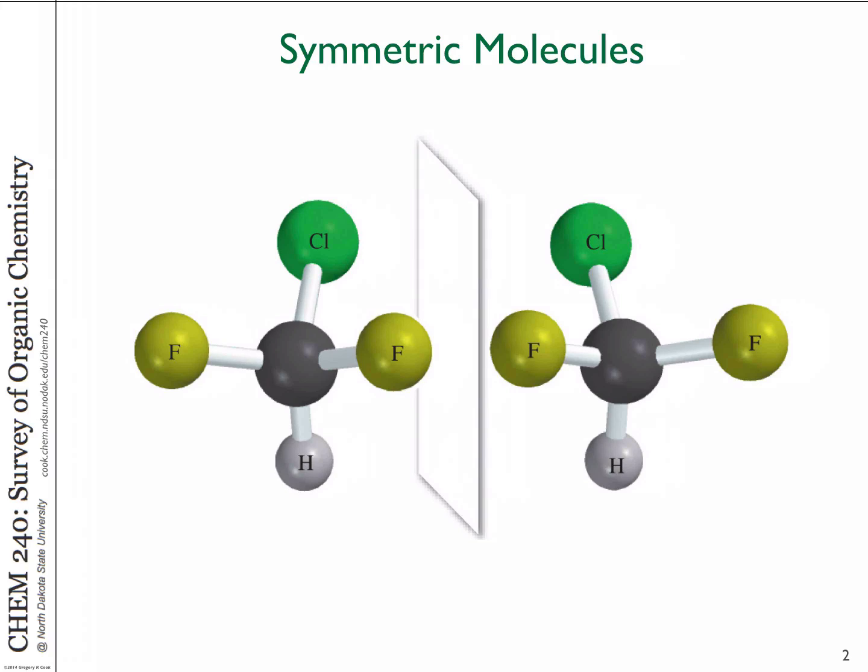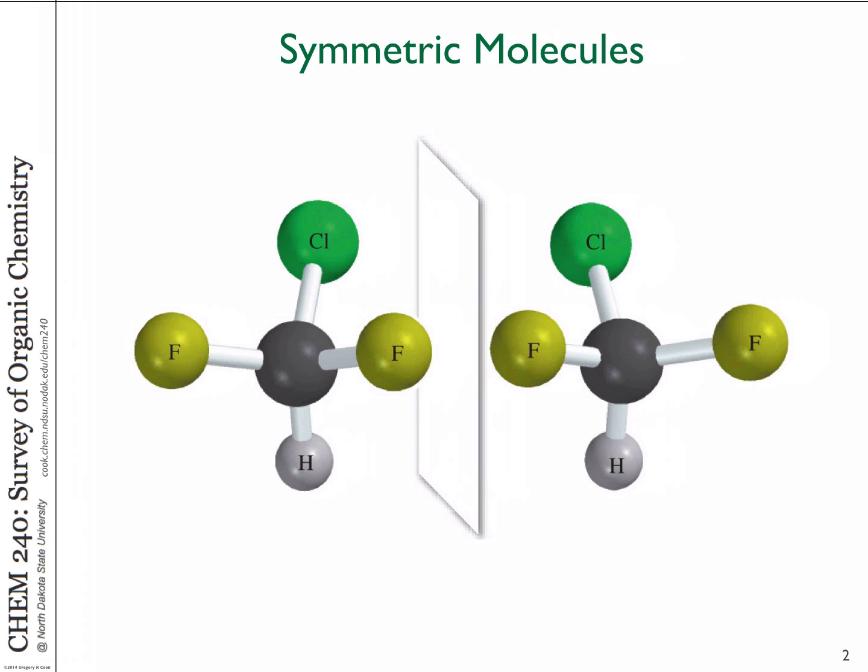In this case, 2 of those groups are identical, the fluorines: 2 fluorines, 1 hydrogen, 1 chlorine. And if you look at the mirror image of that molecule, that's what that mirror plane is supposed to reflect, is that molecule different, or is it the same, or what is the relationship between those 2?